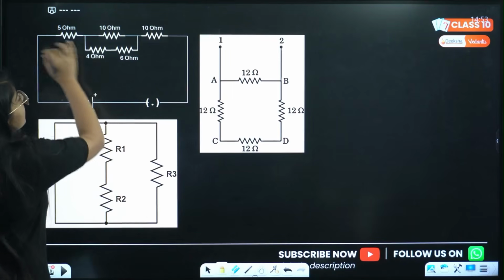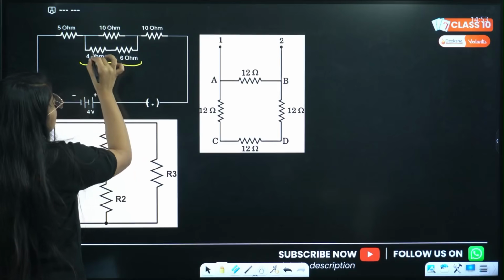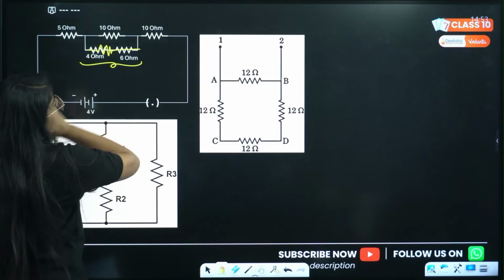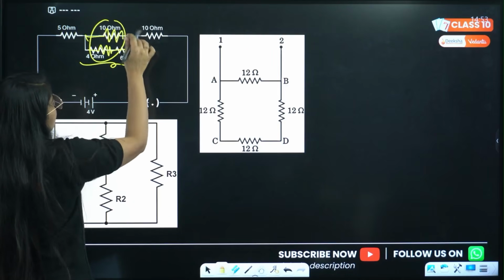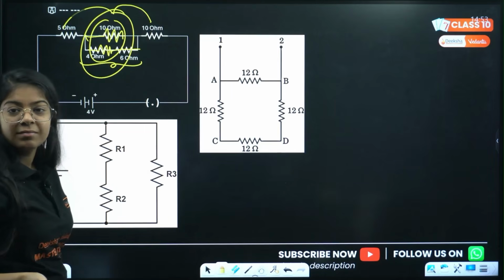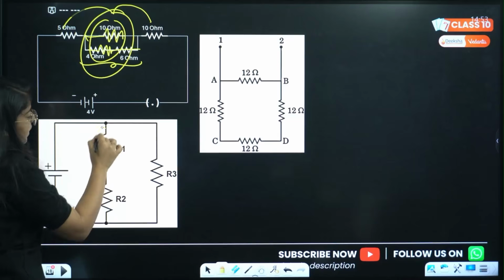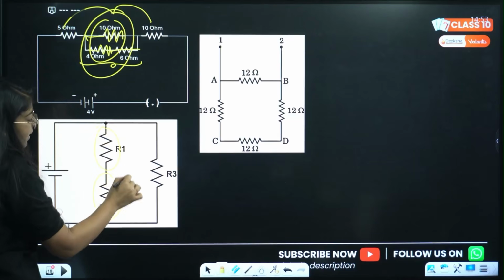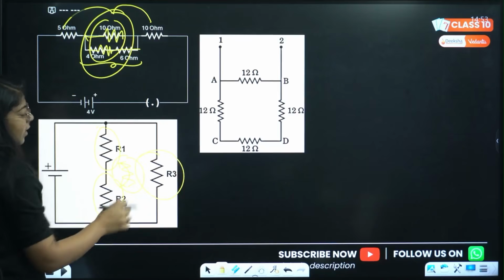See, in this whole case, these two are in series. So if I solve this, I'll only get one resistance, and then these two are in parallel, and I will get one resistance in place of the whole of this, and then these three will be in series. Easy. Then same, these two are in series, first I can add them, then the resultant comes, and these two will be in parallel.